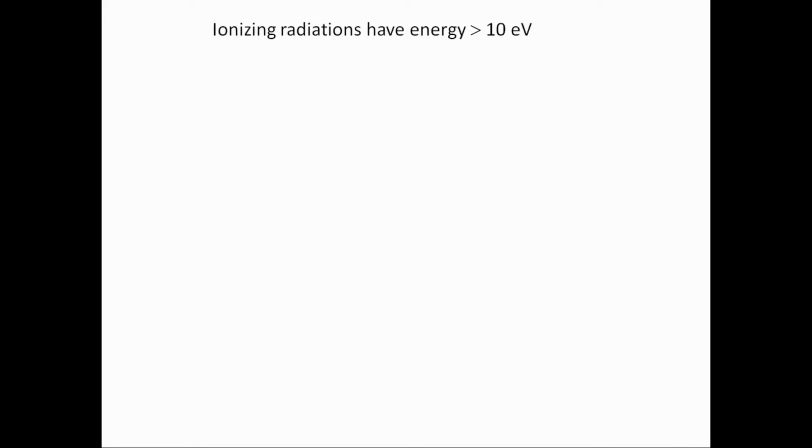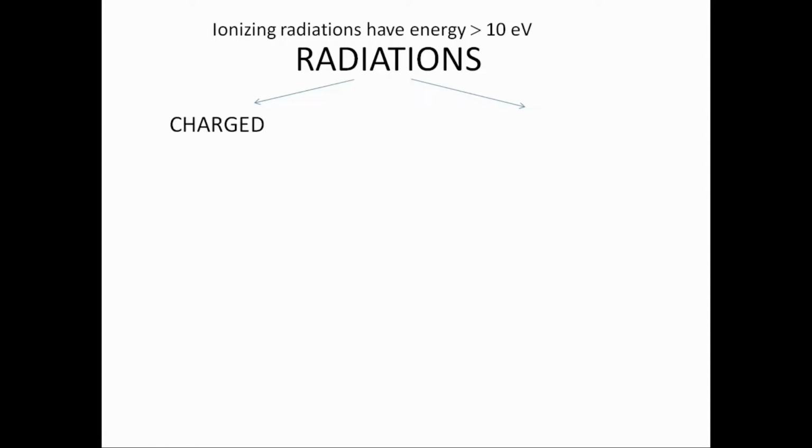Before this, let us first focus upon the ionizing radiations that have energy greater than 10 electron volts. We classify radiations into two broad categories, that is charged and uncharged. Charged radiations are subdivided into fast electrons, which comprise beta plus and beta minus, which are observed in nuclear decay, and energetic electrons.